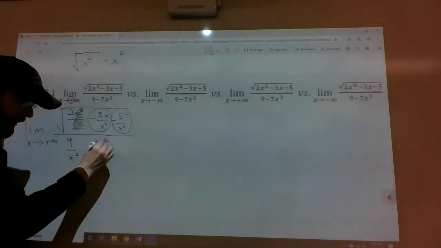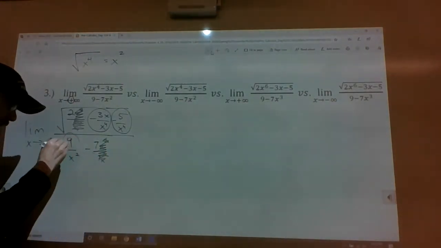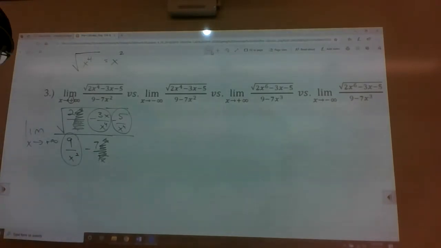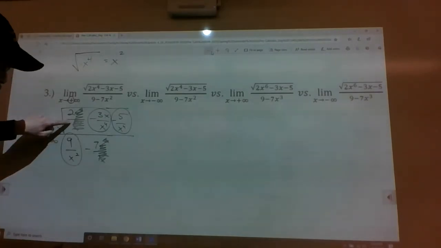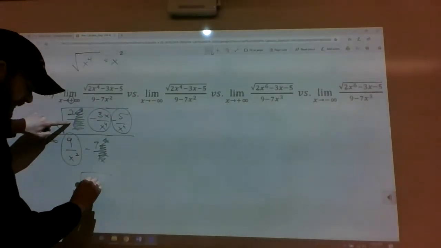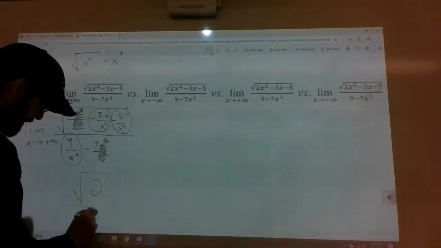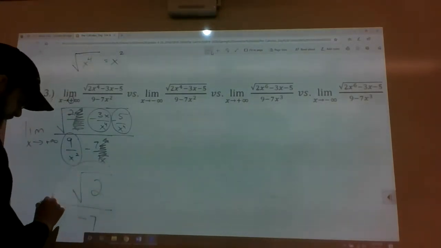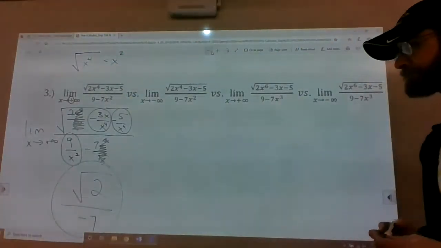These x squareds are going to cancel. And this one will zero out also. So what are you left with? You plug in infinity. You've got a root 2 on the top. You've got a 0 minus 7 on the bottom. And that's the answer that comes out of that.